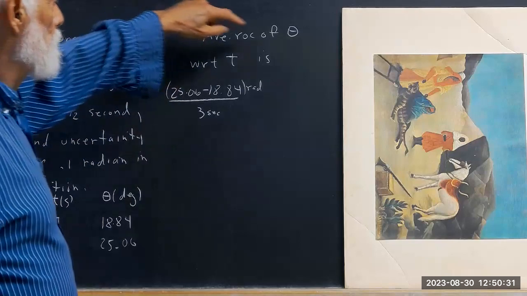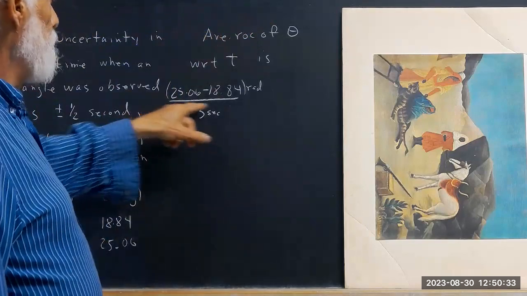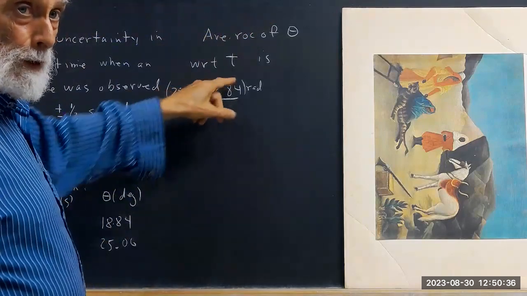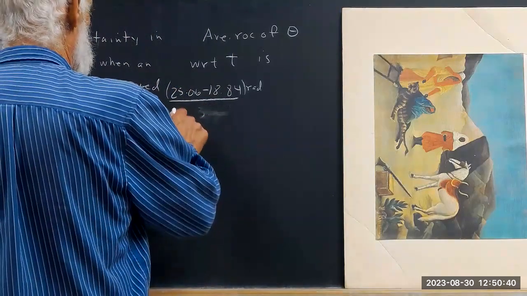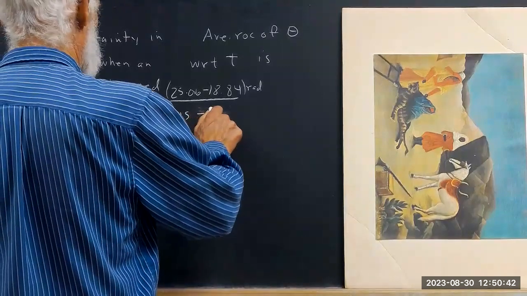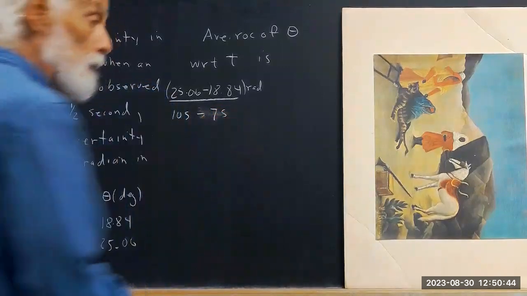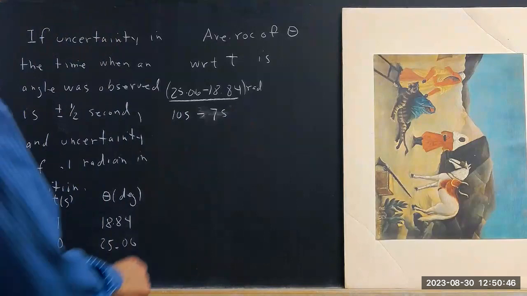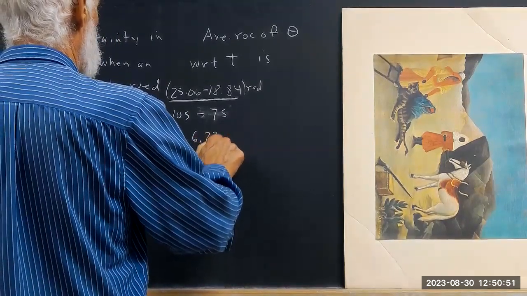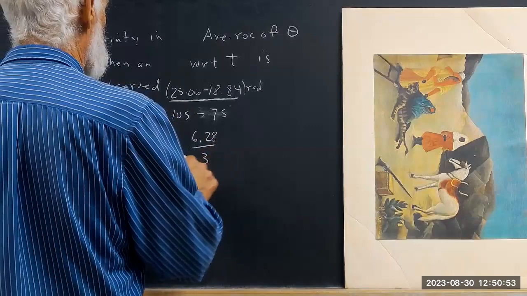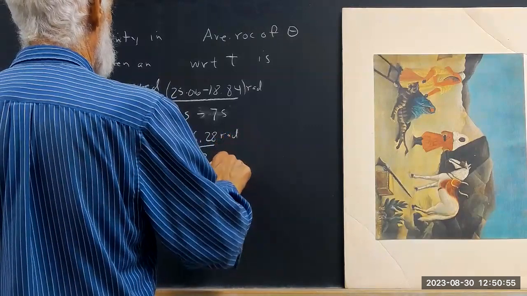Okay, we want the average rate of change of theta with respect to t. Here it is. Change in theta divided by change in t. And really, I should probably flatten this out. It's 10 seconds minus 7 seconds. So that equals 6.28 over 3. This is radians, this is seconds.